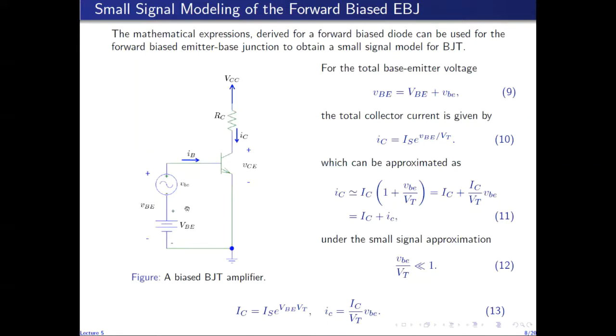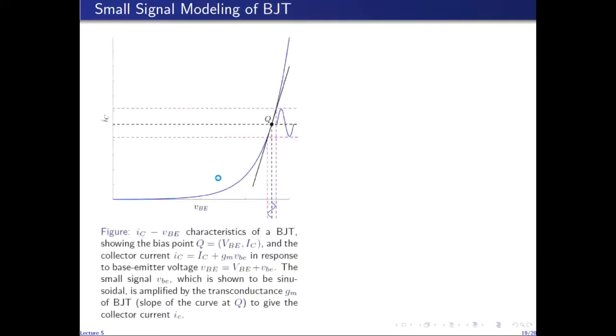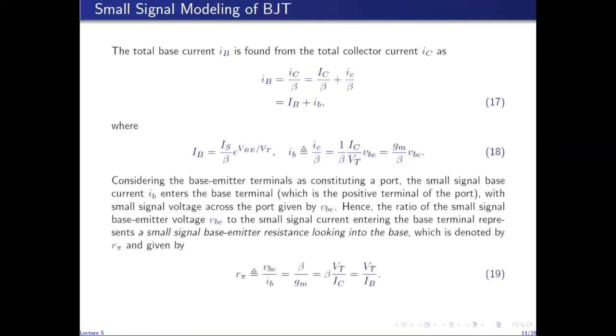So this, by definition, gives us the resistance looking into the port. Specifically, this ratio VBE over IB is the ratio of the small signal voltage between base and emitter to the current IB, which is the small signal current entering the base.